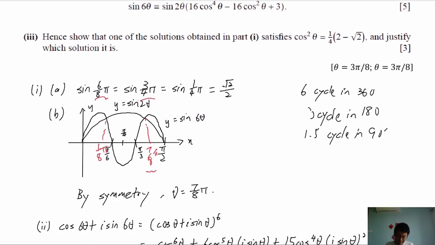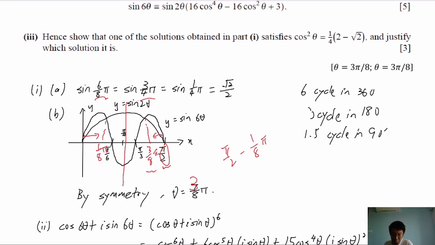Sorry, this one is not 7/8 pi, because here is pi/2, so this one should be pi/2 minus 1/8 pi. So this one should be 3/8 pi. Sorry about that. The value should be 3/8 pi, because this one is pi/2. You know the idea, right? From here to here the distance is 1/8 pi. So from here to here it should also be 1/8 pi because they are symmetrical. So it should be 3/8 pi, not 7/8 pi.